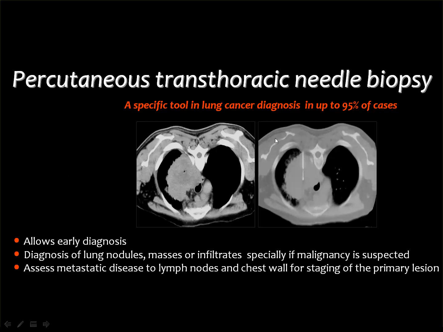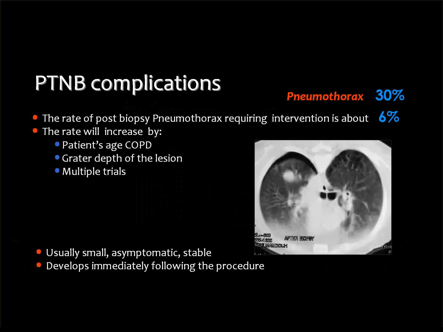Then whenever you confirm the diagnosis and you know which type of bronchogenic carcinoma you are dealing with, then you may start to have the PET-CT to assess the metastatic, if any, deposits, and to judge if this patient is a candidate for surgery or not.